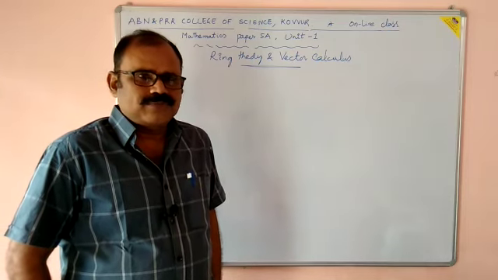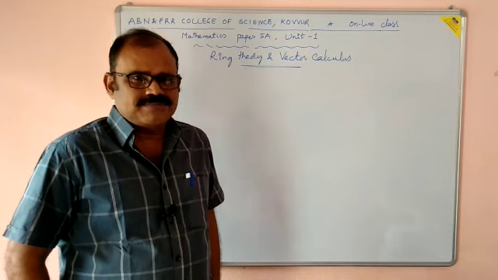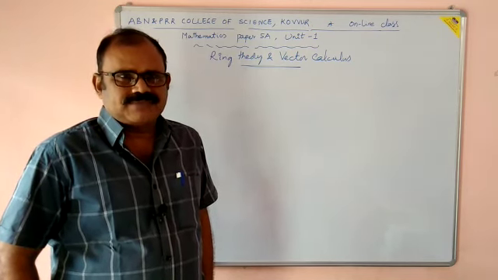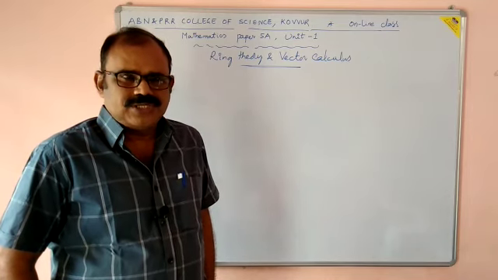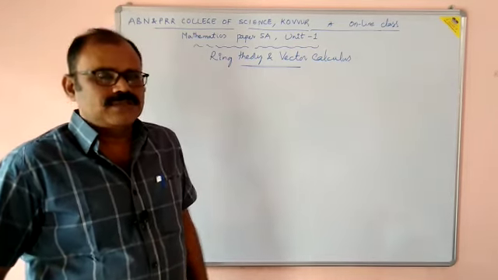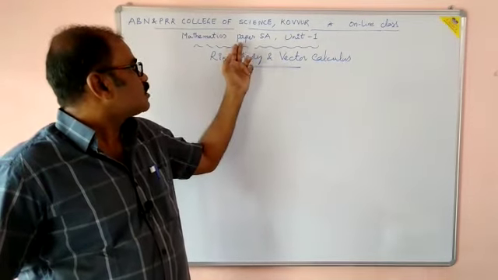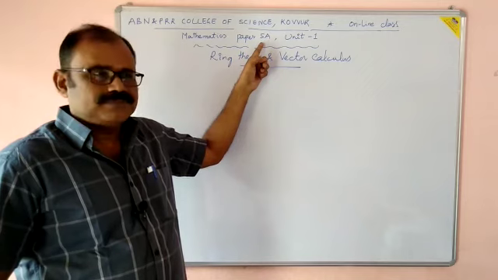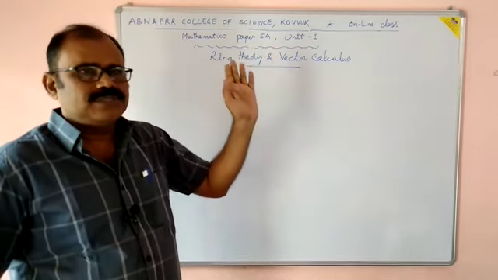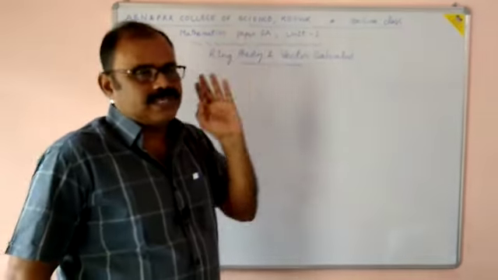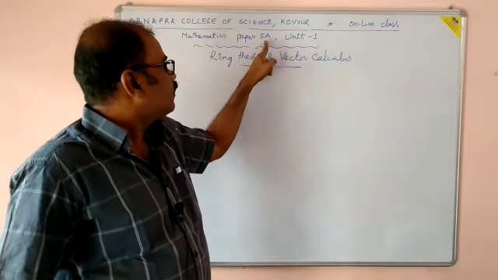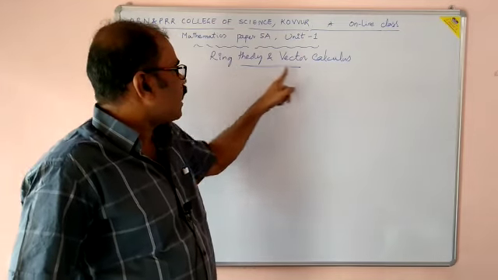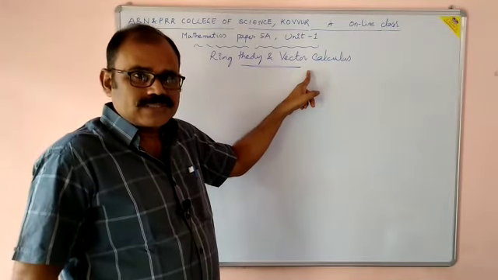Now I am going into the subject. I will take up 5th semester mathematics for final year students, in which there are two papers, 5A and 5B. 5B, your Suryababu sir will take up, and in 5A, the title of the subject is Ring Theory and Vector Calculus.